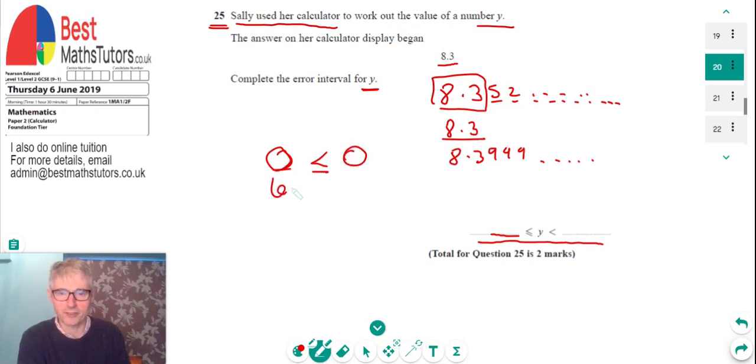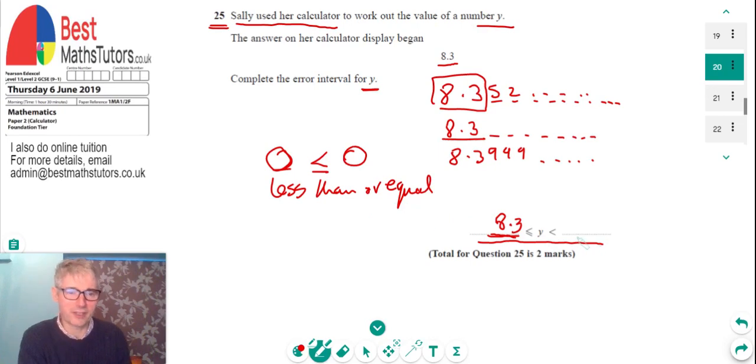So what we're going to write here is the lowest value that y could have. Well, the lowest value would be if there weren't any further digits after the 8.3. So the lowest value that y could take would be 8.3 itself.